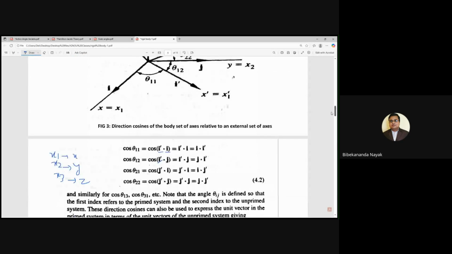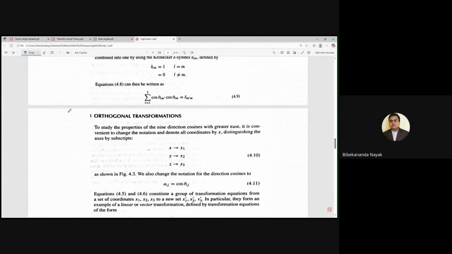Transformation from the space set to the body set is an orthogonal transformation. It can be represented by an orthogonal matrix, and for an orthogonal matrix we know a relation exists. If A is orthogonal, A times A transpose is equal to the identity matrix. So the transpose is equal to its inverse for an orthogonal transformation.